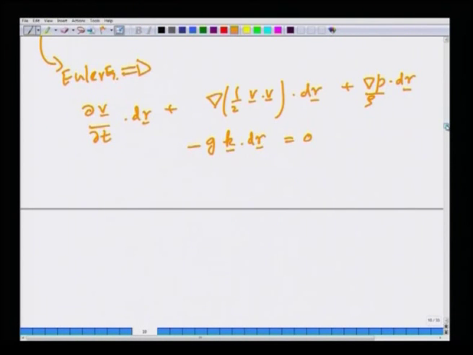Now, let us try to simplify this further. The gradient of any scalar quantity dotted with dr will give you the differential change in that quantity between the two endpoints of the vector.